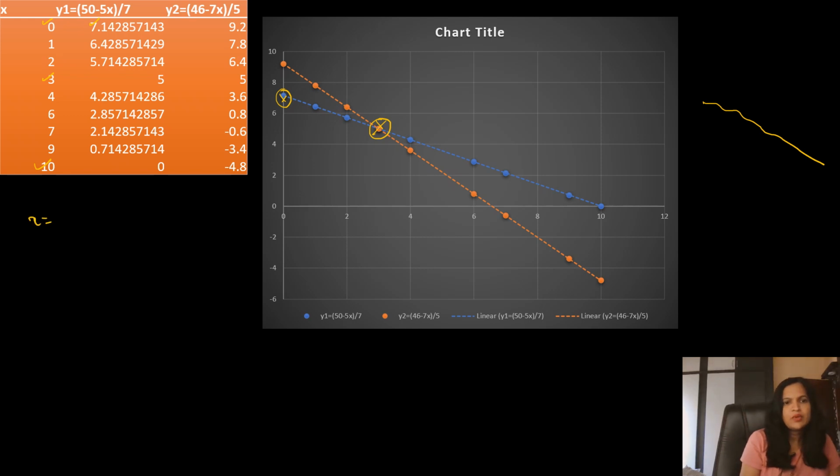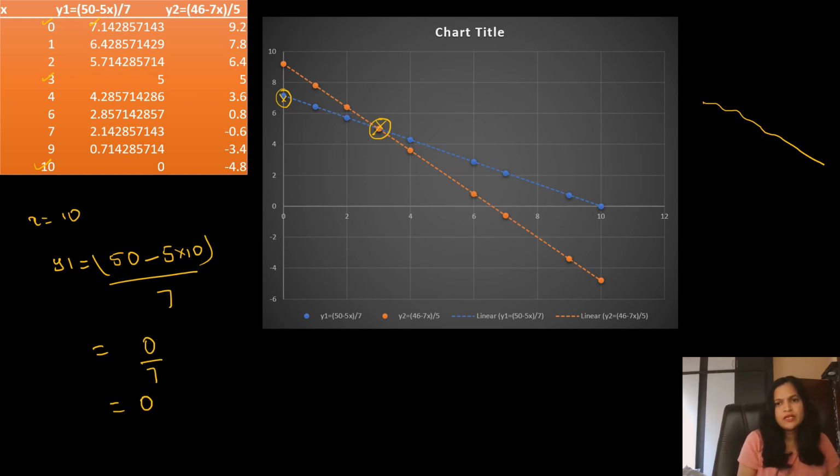When x equal to 10, y1 equal to (50 minus 5 into 10) whole divided by 7. 5 tens are 50, 50 minus 50 is 0, 0 by 7 is 0. When x equal to 10, y1 equal to 0. Here you mark it. Join all these three points and you get this line. Which line is it? It is y1, this equation, (50 minus 5x) whole divided by 7.